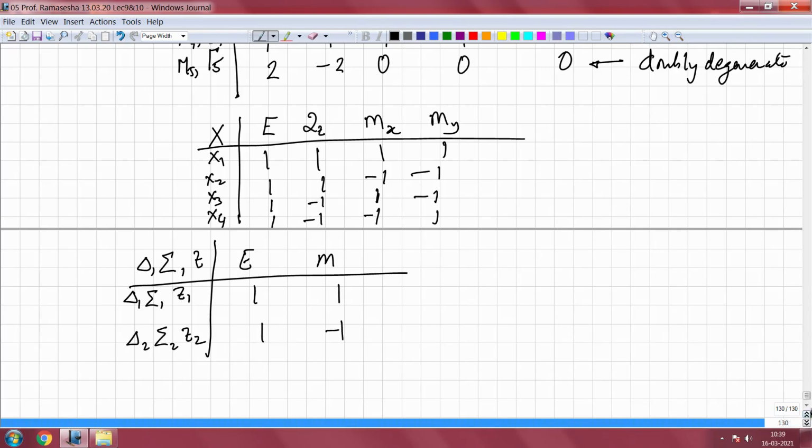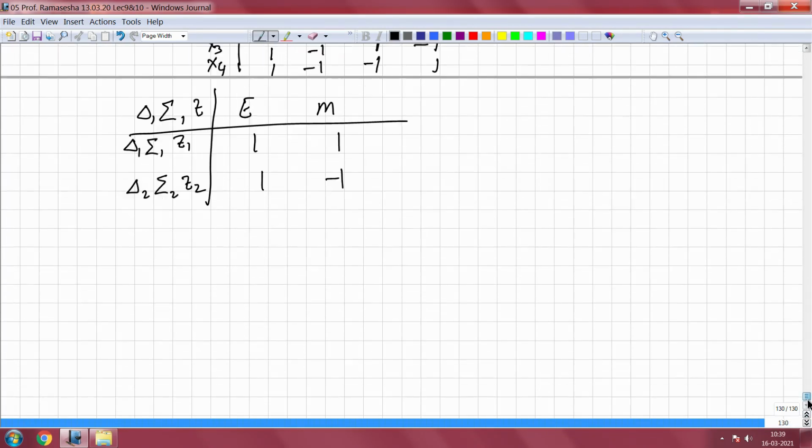Now, if you treat the irreducible representations of gamma as the reducible representations for the group X, delta, and Z, then what you get is the following. That is, you can write down the compatibility, and it is easier to write down the compatibility in the reverse fashion. For example, delta 1 and delta 2 are compatible.